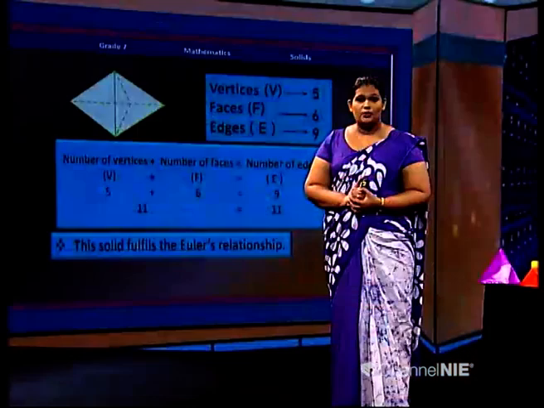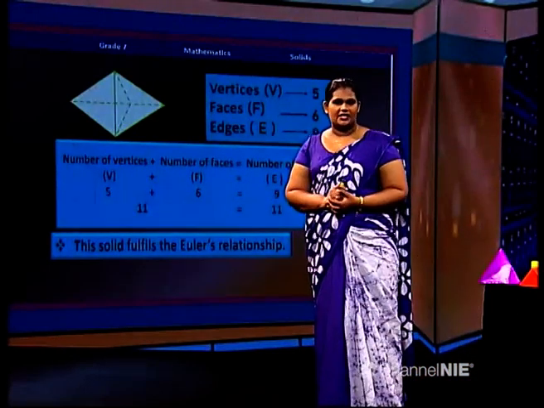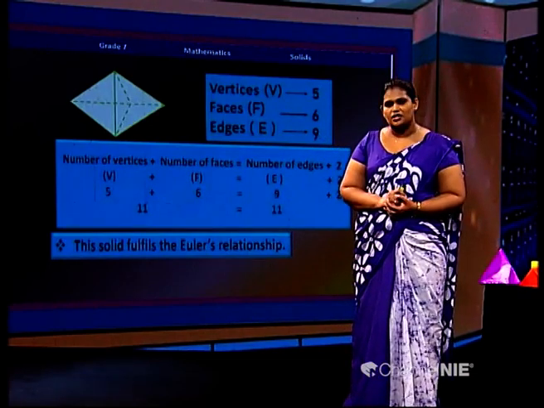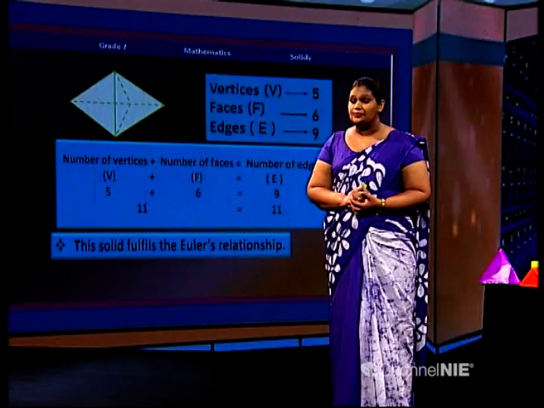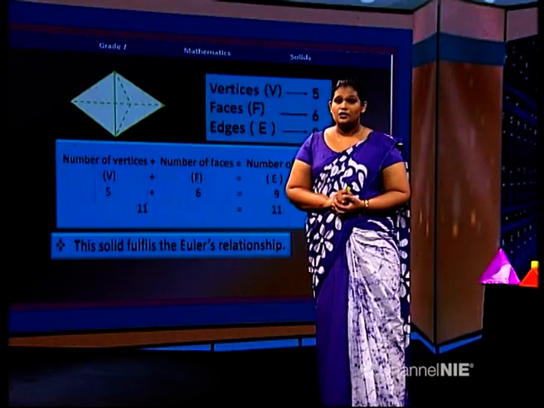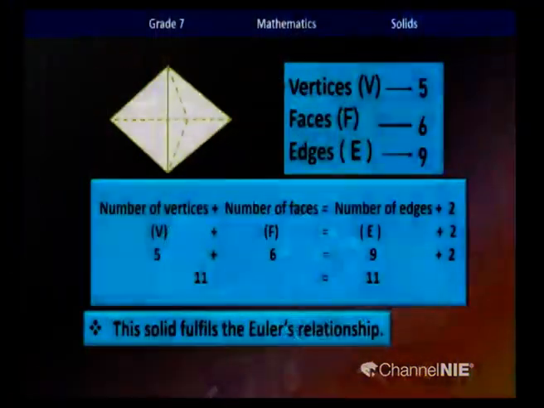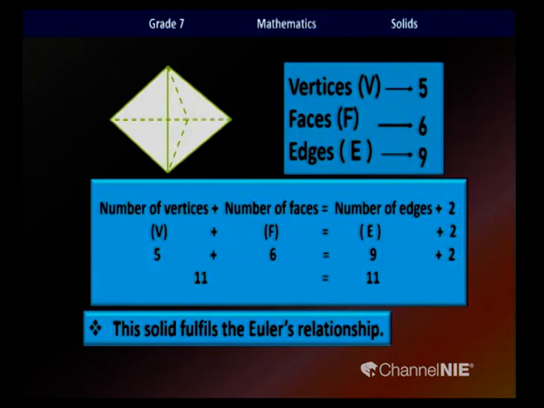The solids which consist of curved faces do not obey the Euler's relationship. So, you have to keep that in mind. You can use the Euler's relationship for any solid, the solids you have learnt and the composite solids, but if you have a curved face in that solid, then you should not use the Euler's relationship, because those solids do not fulfill it.